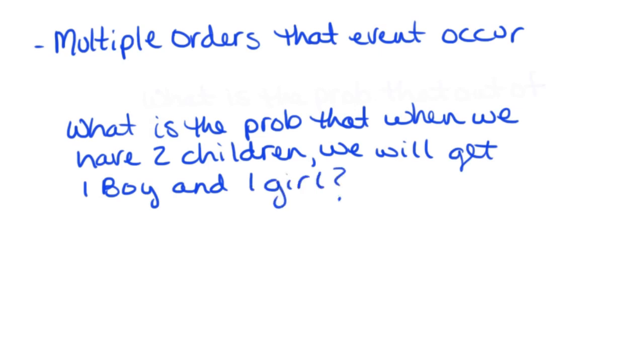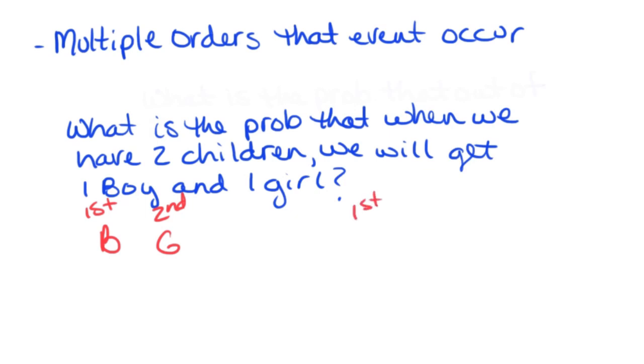Okay, so this is kind of a common scenario or thing that people wonder. They want to have two children, they want one boy and one girl. Well, notice with this that there are multiple ways that that could happen. Because if we write the ways down here, we could have the boy first, and then we could have the girl second, and that would fulfill this scenario. But then we also have another option.